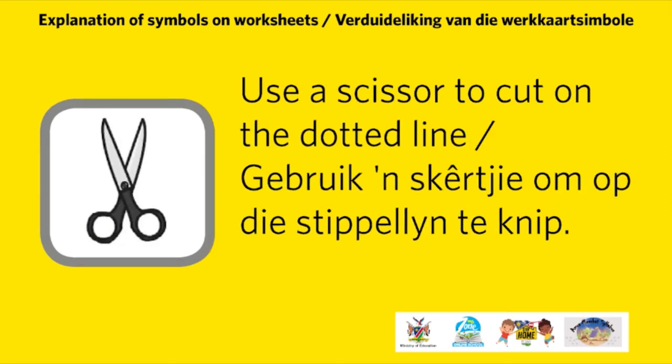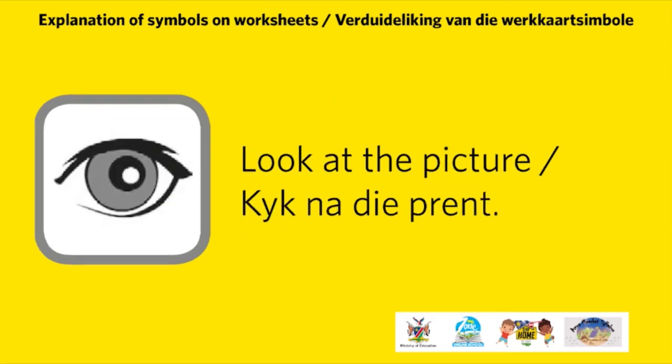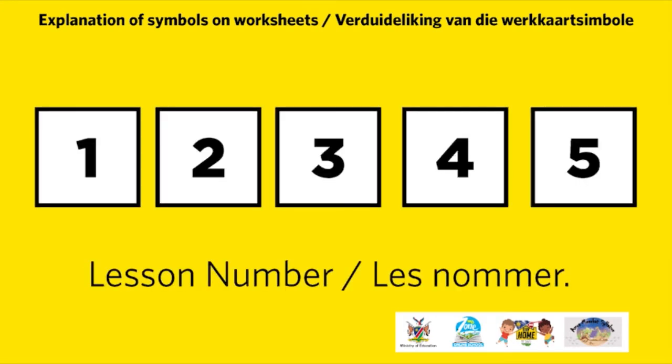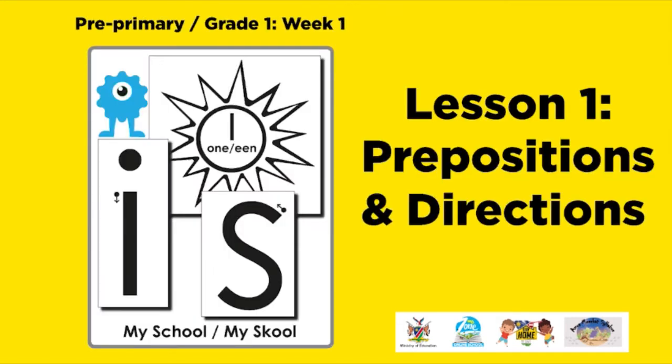Use a scissors to cut on the dotted line. Look at the picture. Use these symbols for the lesson of the day, which will be allocated at the top right side of each page. For example, lesson 1. Prepositions and directions.